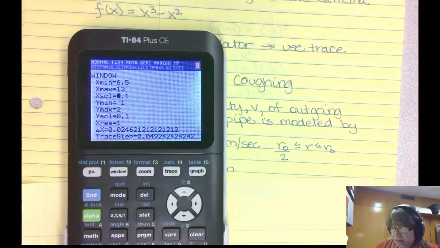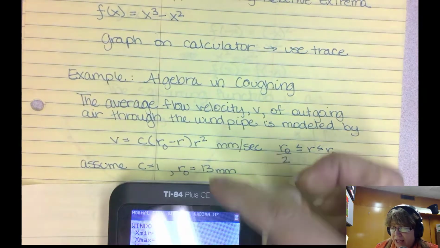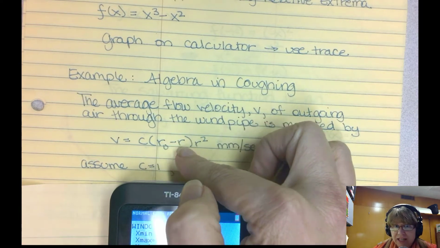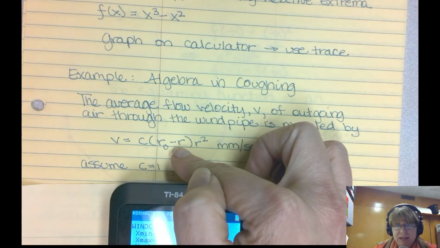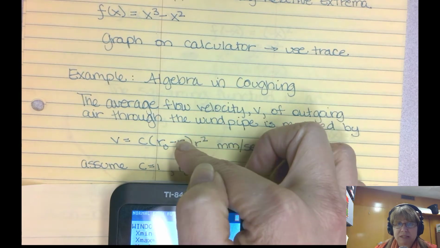My y minimum, since this is velocity, I don't really care about negative velocity, so I'll leave it at -1. And my max, I'm not sure what it's going to be, but if I plug in a 6 here, 13 minus 6 is 7, and this would be 6 squared, so this is really 6 times 6 times 7.